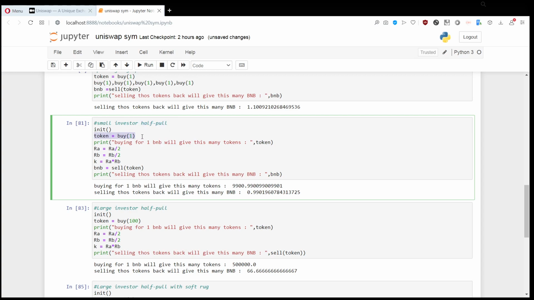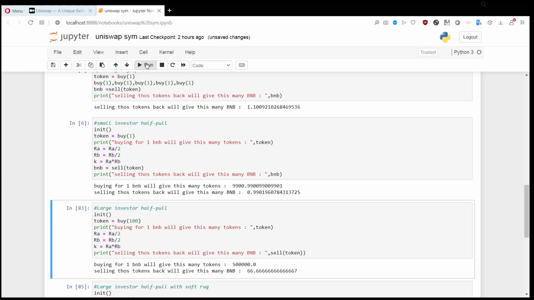You buy a token for 1 BNB and get so many tokens. Then comes the rug pulling, the half pulling. We halve the token numbers and halve the BNB numbers in the liquidity pool, and recalculate the K value, which happens after every transaction. Then you try to sell the same tokens that you bought, with no transactions in between, just the half pulling.